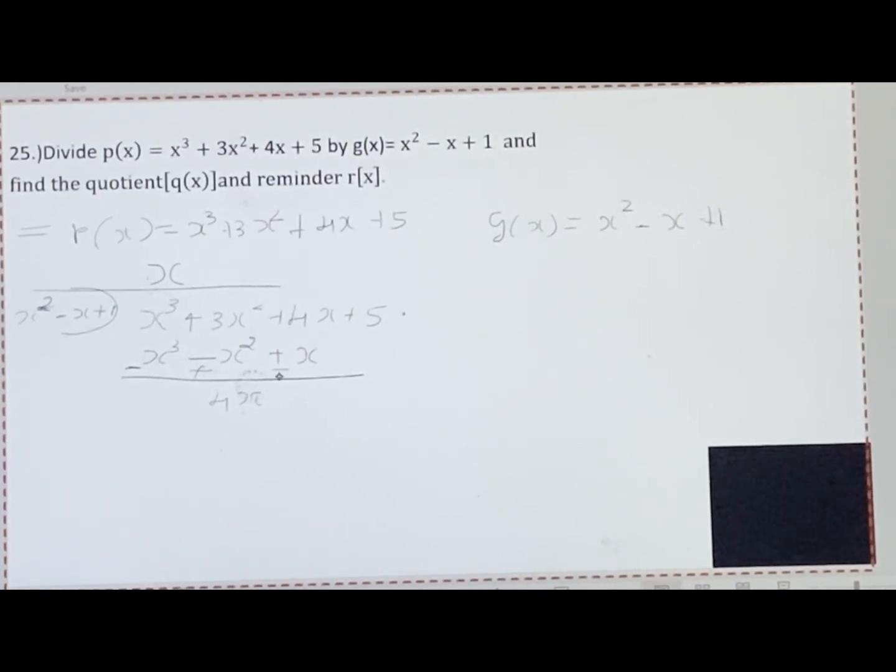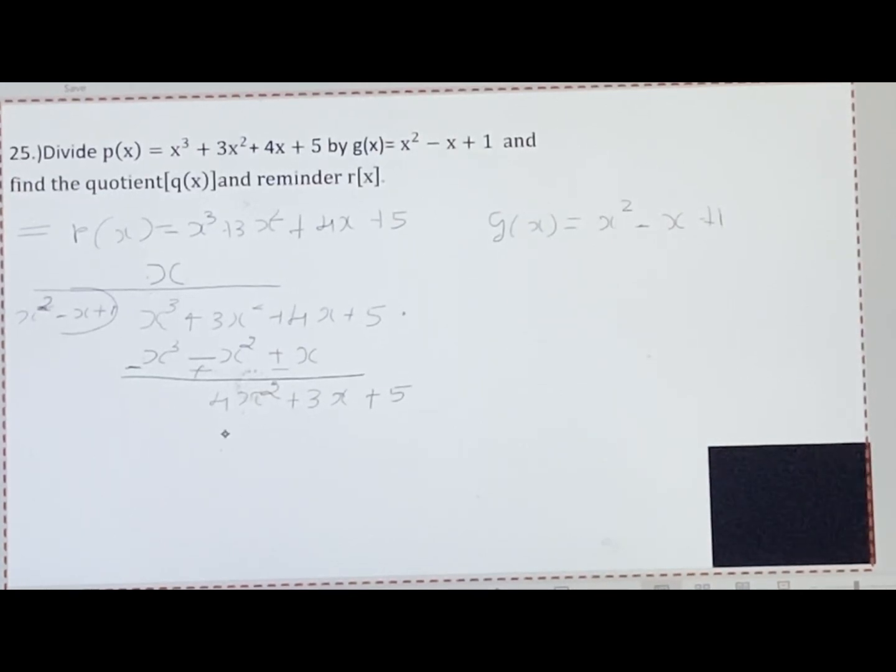Now 4x minus x is nothing but plus 3x, plus 5, we have plus 5.